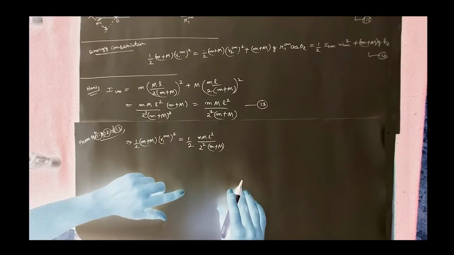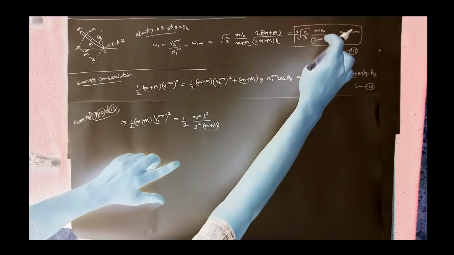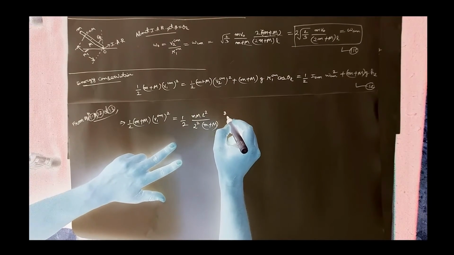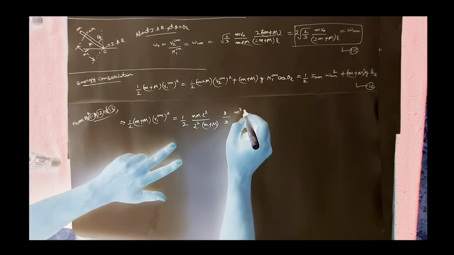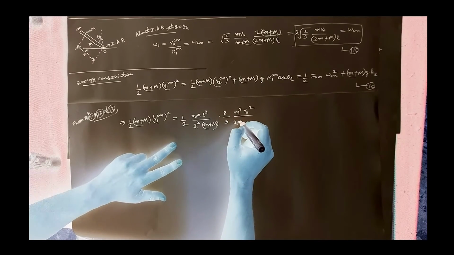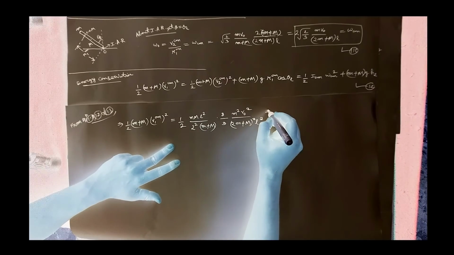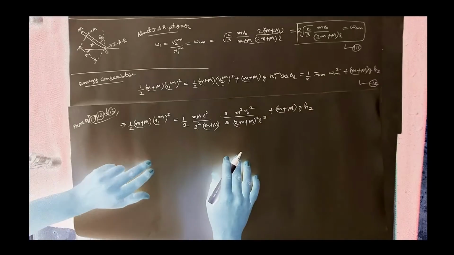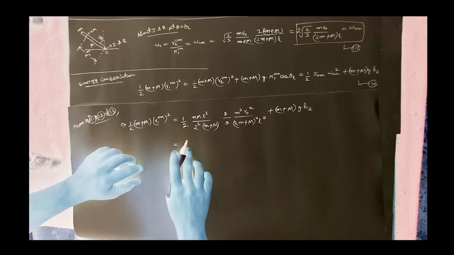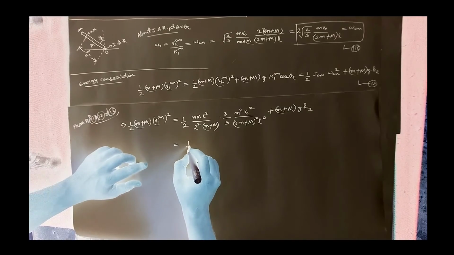Okay, omega cm square, and omega cm value I can get from here, that will be 8 by 3 m square V naught square by (2 small m plus capital M) whole square L square, plus (small m plus capital M) g H2. So 8, it will be 1 by 3.